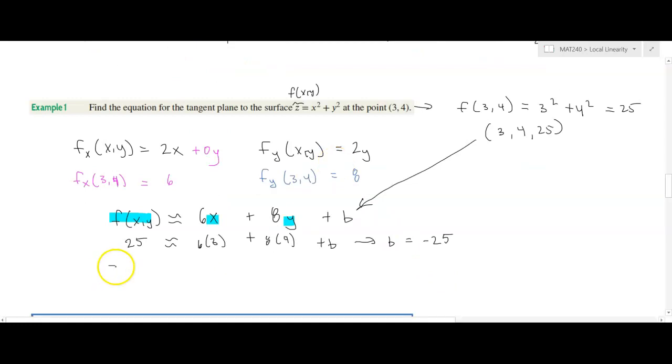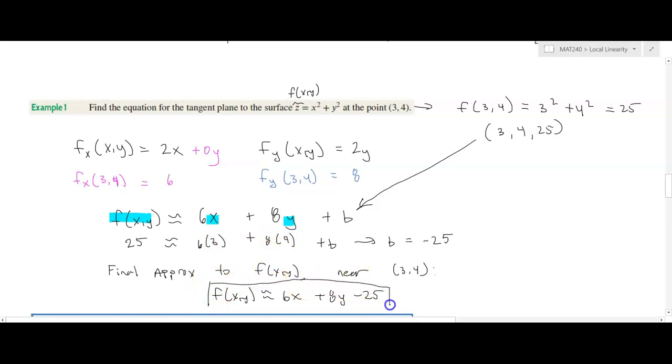So our final approximation to f of x, y near the point (3, 4) is given by f of x, y is approximately equal to 6x plus 8y minus 25. And that's the final equation of our plane at that point.